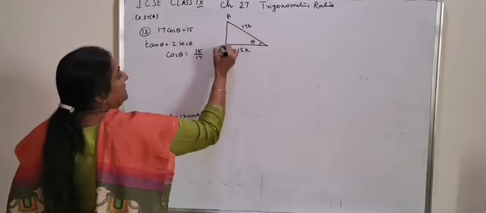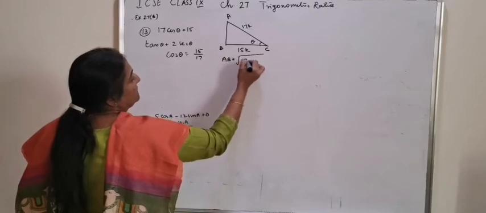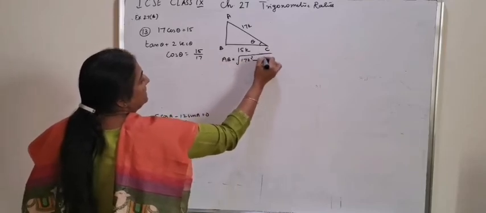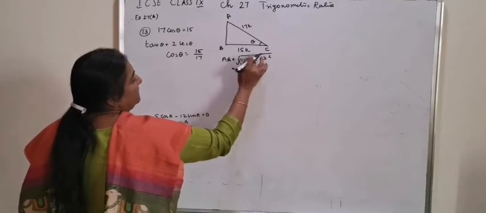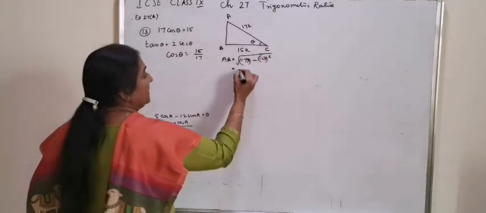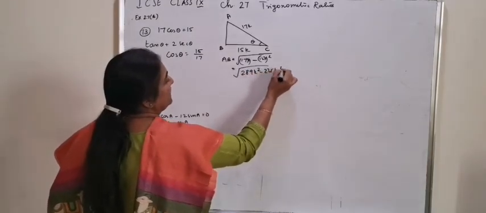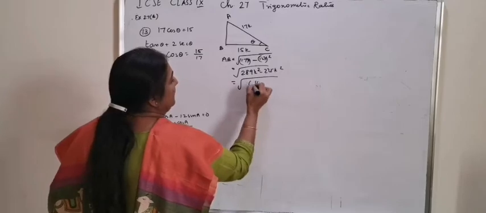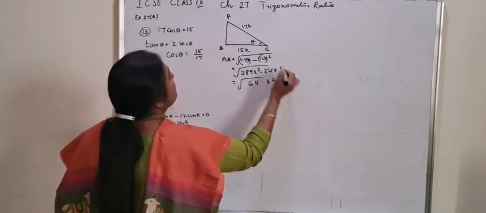You will find the length of altitude AB as square root of 17k square minus 15k square. 17k the whole square minus 15k the whole square, square root of 289k square minus 225k square. It is 64k square, or 8k.